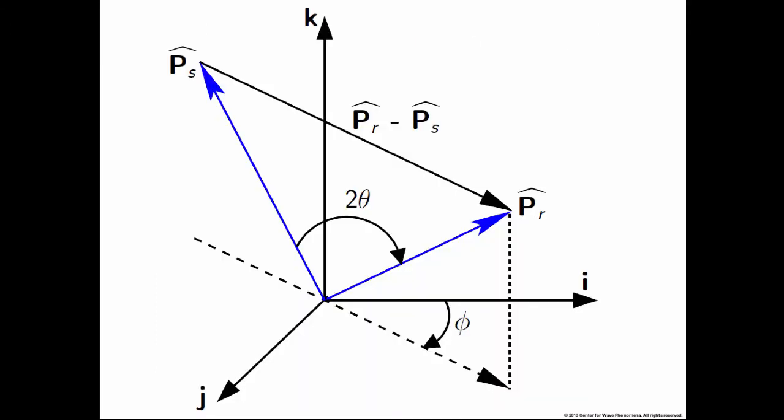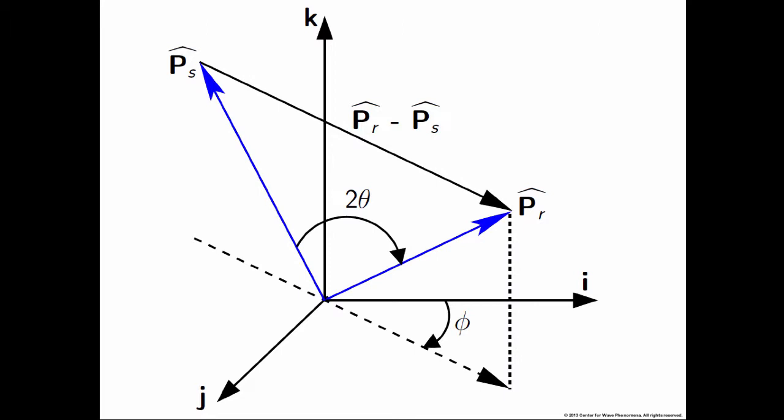So pictorially, we can represent the extraction of the angles after we obtain the Poynting vectors, smooth them and normalize them. PS and PR are the Poynting vectors of the source and receiver wavefield. The hats represent normalization by their amplitudes. So the angles we're interested in are the reflection angle theta.